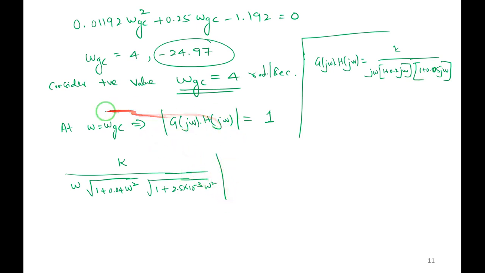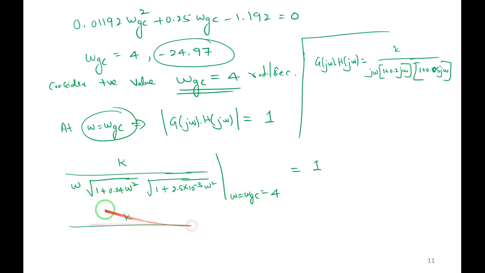Okay, this is at omega equal to omega gc. What is the omega gc I got? It is 4 radians per second. We have to substitute; it is equal to 1. So we have taken the magnitude, and wherever omega is there, substitute omega gc, that is 4. K divided by 4, into the root of 1 plus 0.04 into omega square.